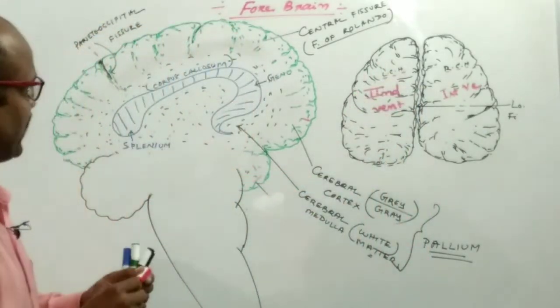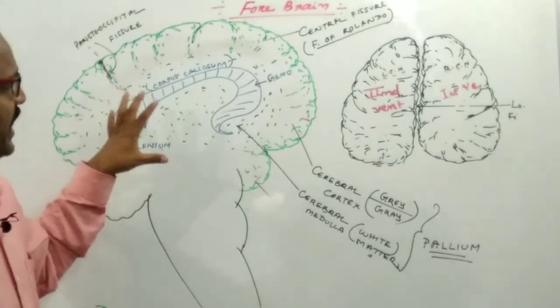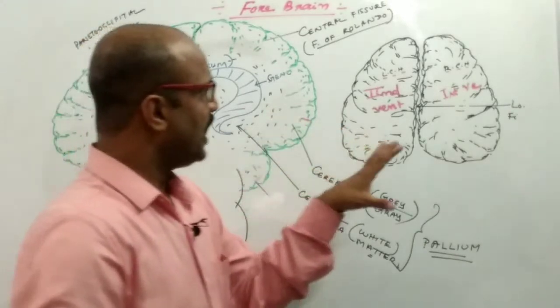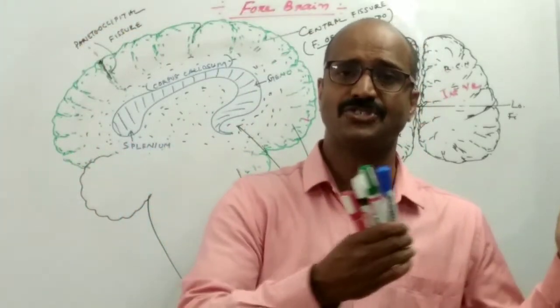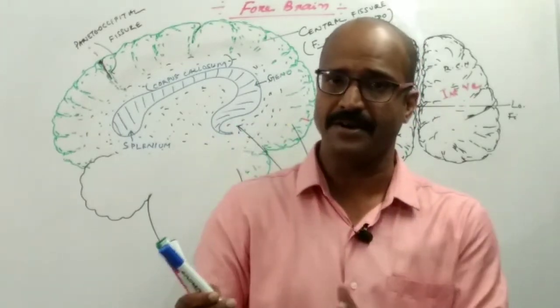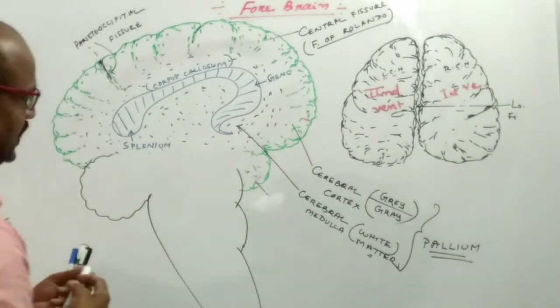So the space present inside the cerebrum is known as the lateral ventricle. The first ventricle and the second ventricle are collectively known as lateral ventricle.